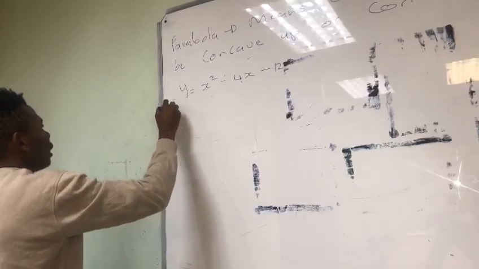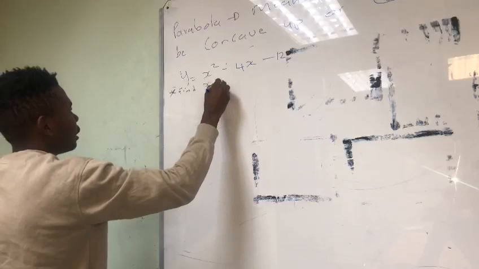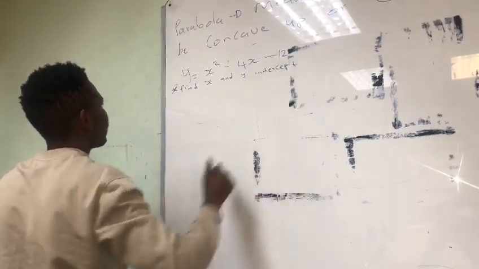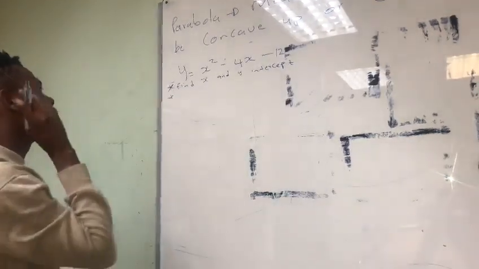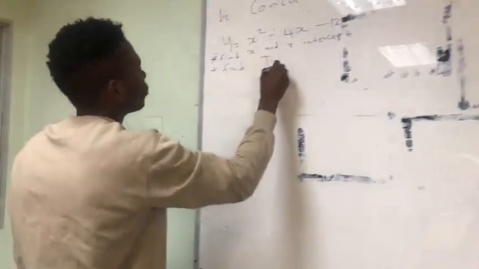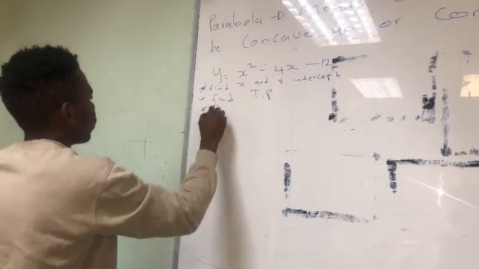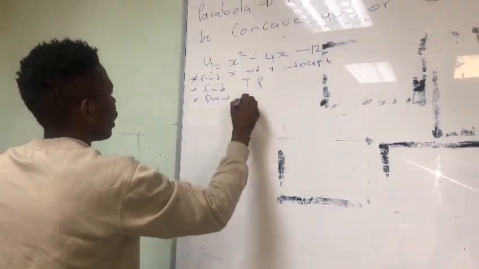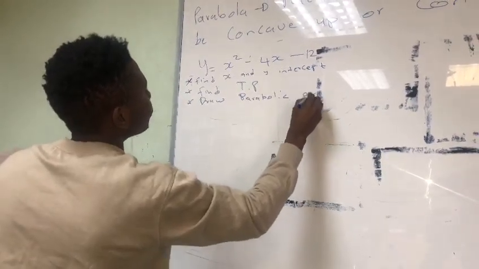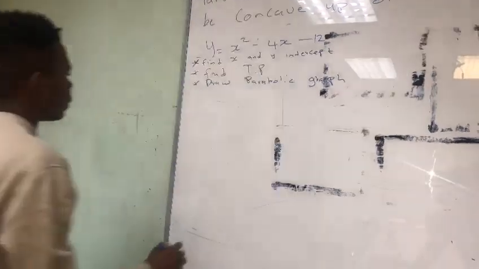Our question is to find the x and y intercept, to find the turning point, then draw a parabolic graph, right? Let's do it. Let's find the x and y intercept.